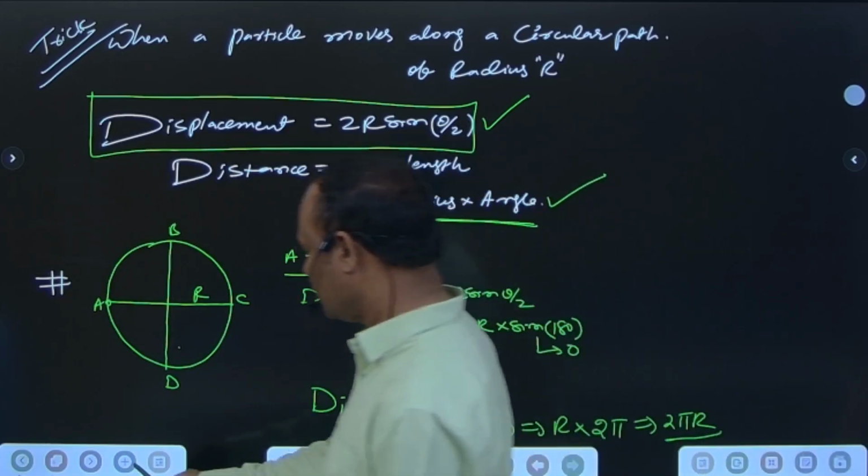Now we'll go to average speed and average velocity. Before this, one example for displacement.